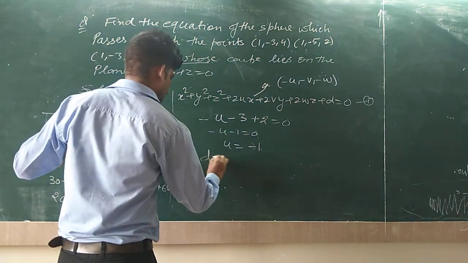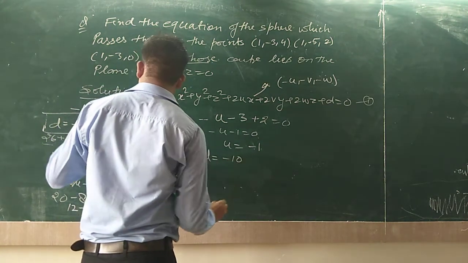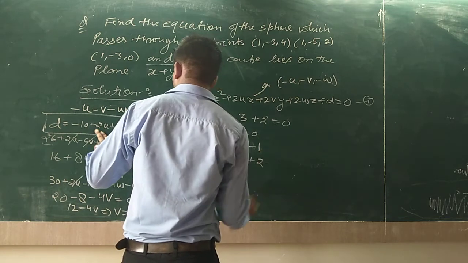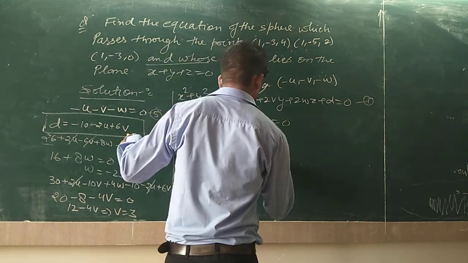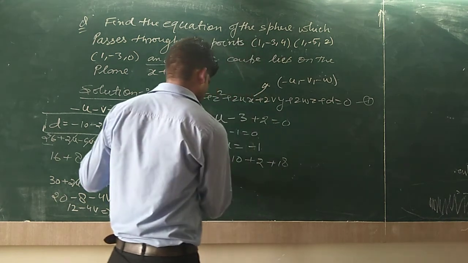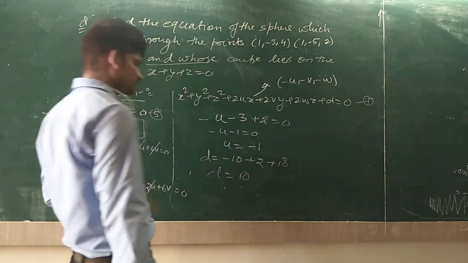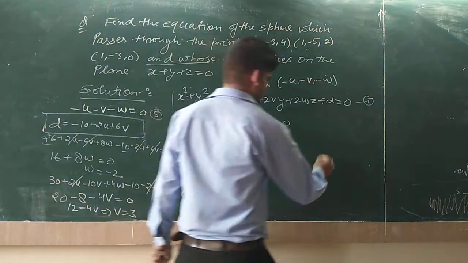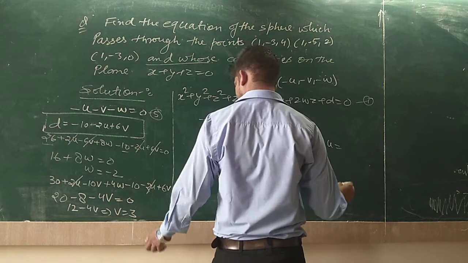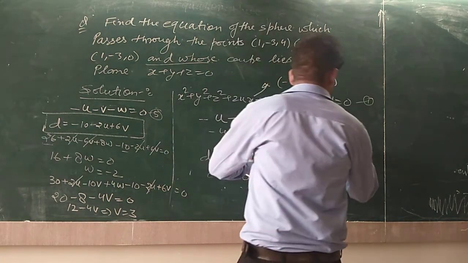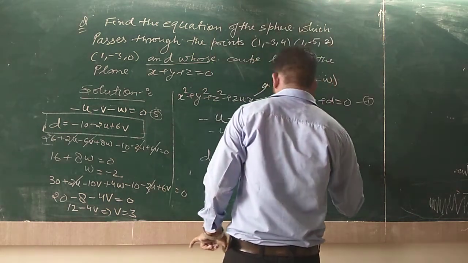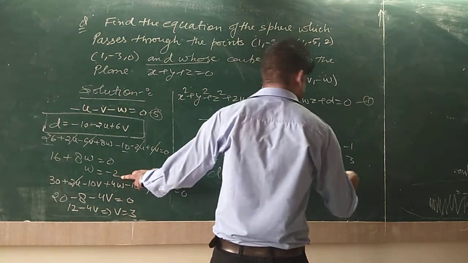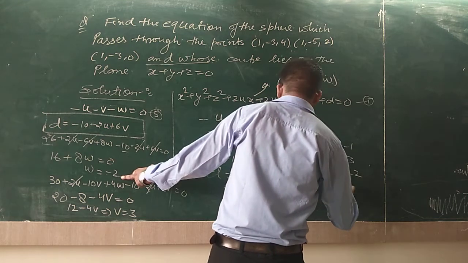Then d equal to minus 10 minus 2u, u equal to minus 1, then plus 2, and v equal to 3 is 18, then 20 to d equal to 10, d equal to 10. Then u equal to minus 1, v equal to 3, w equal to minus 2, and d equal to 10.